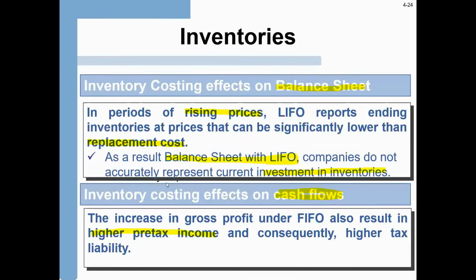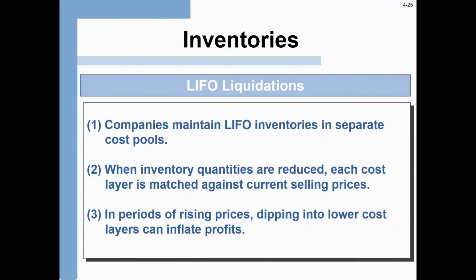Next, a very small topic. This topic is called LIFO liquidation, and it happens in a period of rising prices. It is basically a reduction in the inventory quantities, and we call it a LIFO liquidation. Companies are required to maintain each cost level as a separate pool of inventory.